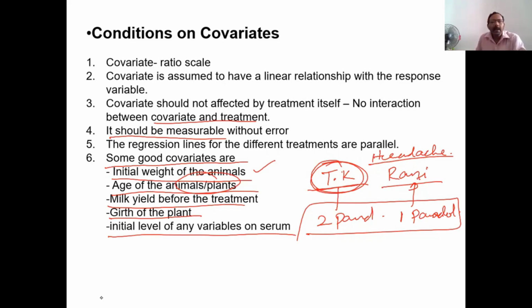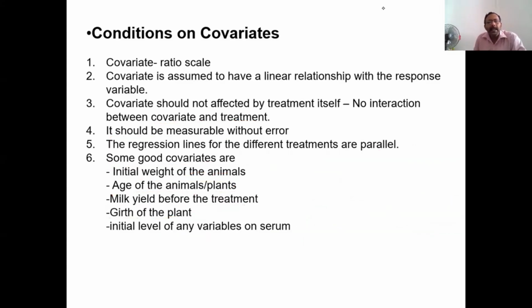So this is initial information that we collect from the experiments. Even information collected after or during the experiments is also possible. I have already given one test, so that also can be considered as a covariate. So these are some of the examples of covariates that could be considered for our experiments.